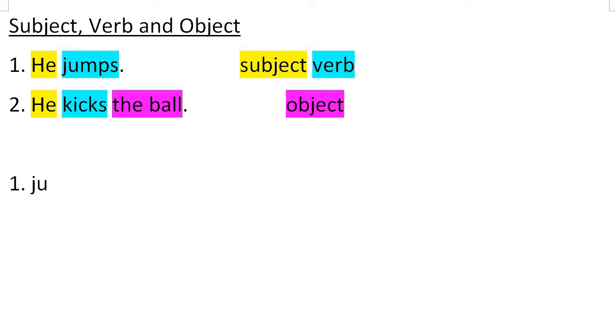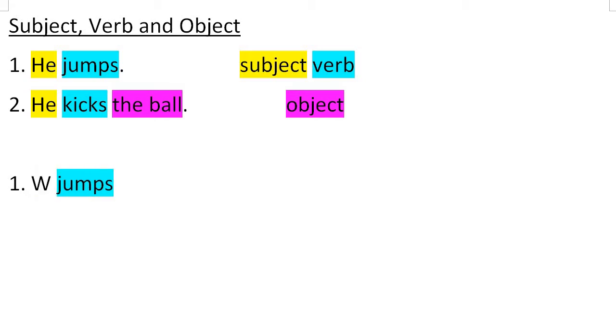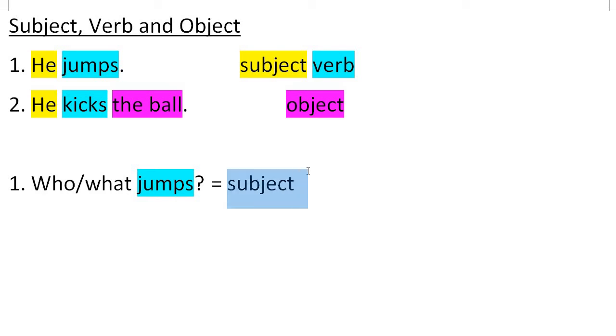So if I say that jumps is my verb, then I basically ask myself, who or what jumps? And the answer to that will be my subject. And this will be true for pretty much every sentence.